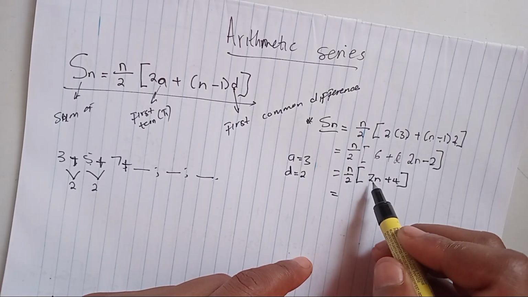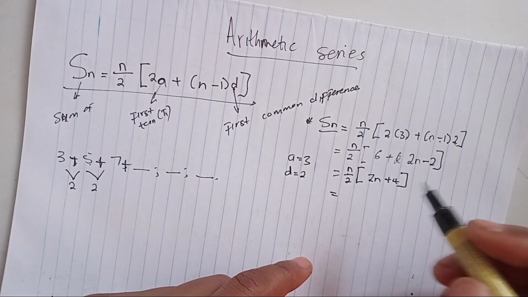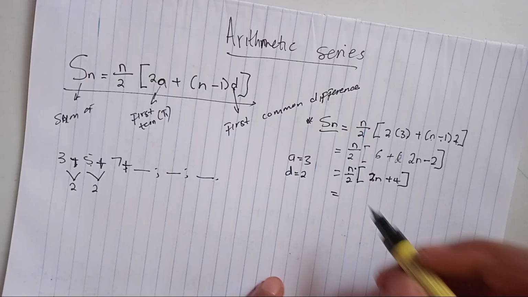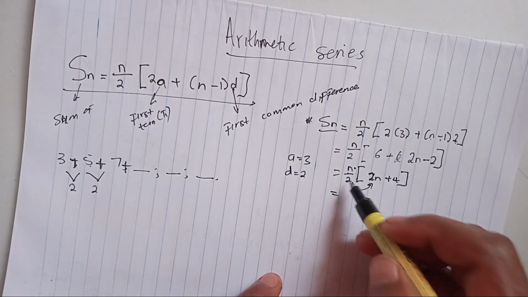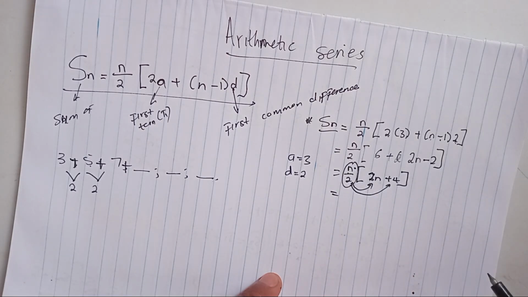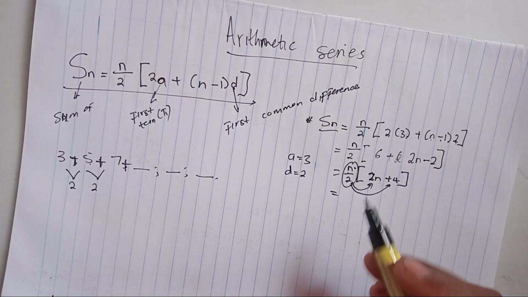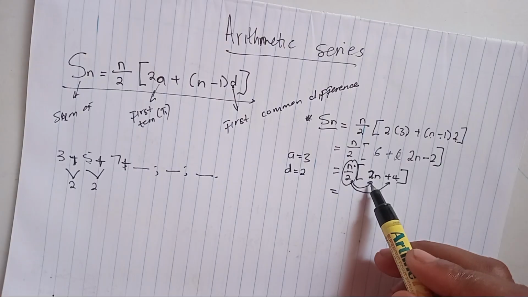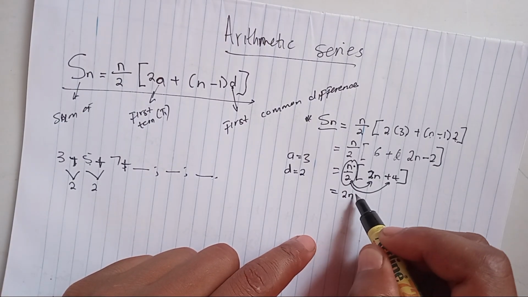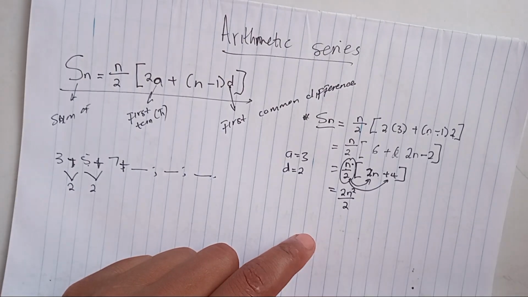N over 2 multiplied by the whole bracket: n over 2 will multiply this one, and it will also multiply this one. I'm referring to the whole thing, n over 2. So n over 2 multiplied by 2n is 2n squared over 2.